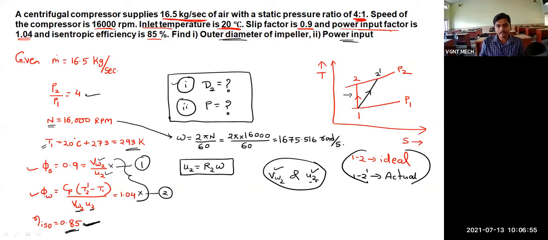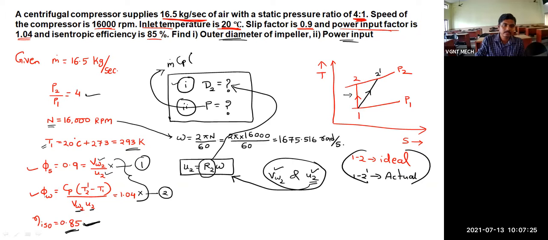Once we get the value of U2, we put it in this formula and we can get R2. Once you get the outer radius, if you multiply it by 2, we can calculate the outer diameter. And the power formula is M into Cp into (T2 dash minus T1).